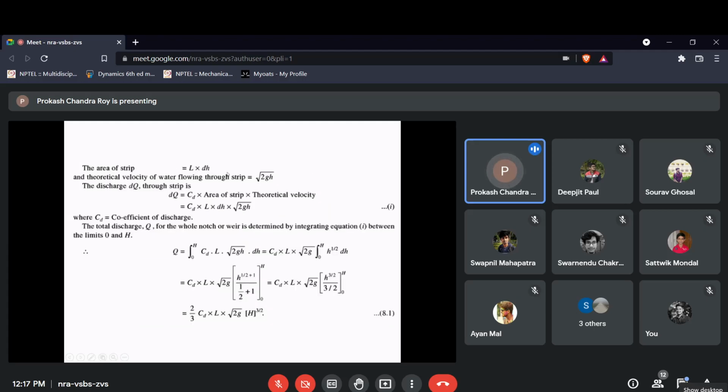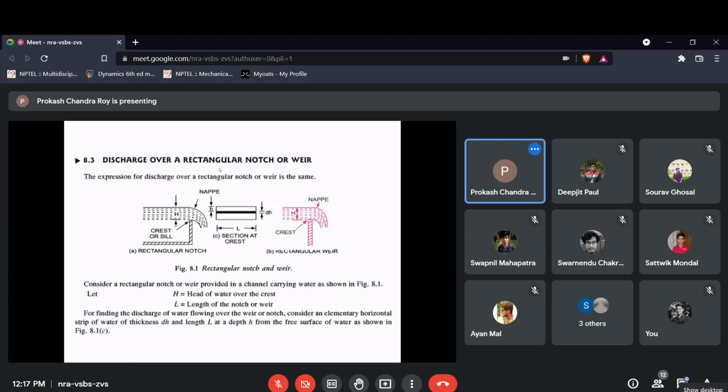L into dH will be the area of the strip. This is the thickness and this is the length. So the area of the strip will be L dH.